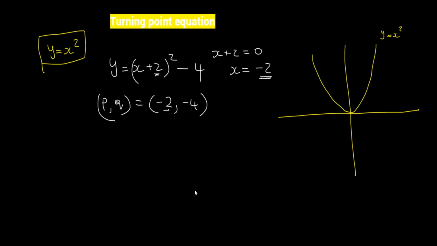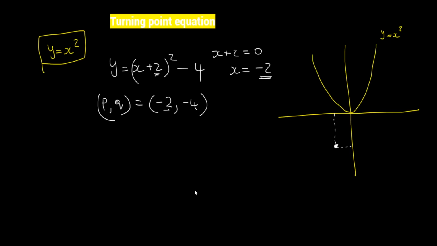So how do we draw this? We have the turning point as (minus 2, minus 4). From here, I just want to show you the impact of p and q. So we're going to draw this point. This is (minus 2, minus 4), so it's going to be somewhere there. So we have a turning point here, and the value of a is positive 1.